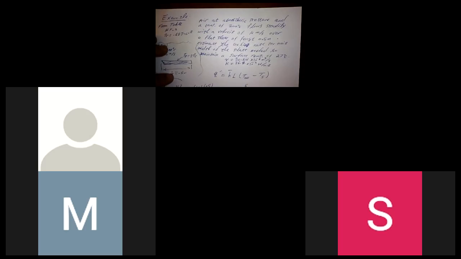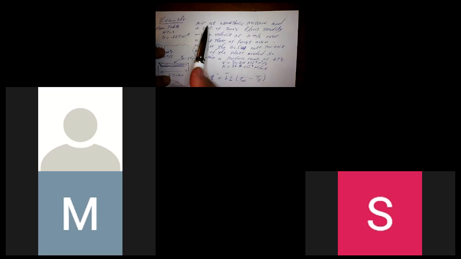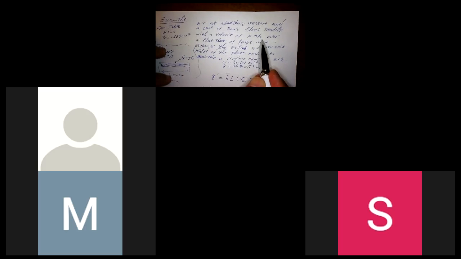Again, table HT-3 is where you can go and find all the properties. The Prandtl number as a function of temperature is this value, 0.687, approximately 0.7. So in this example, we have air. The fluid is air at atmospheric pressure and at a temperature of 300 degrees Celsius, flowing steadily with a velocity of 10 meters per second over a flat plate.